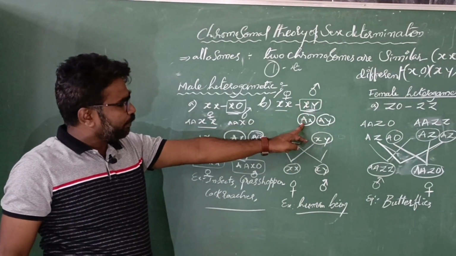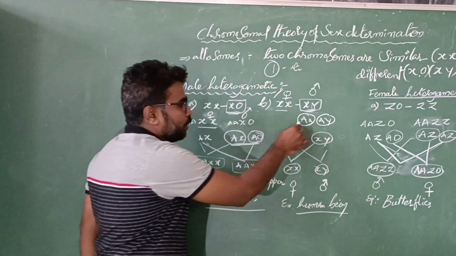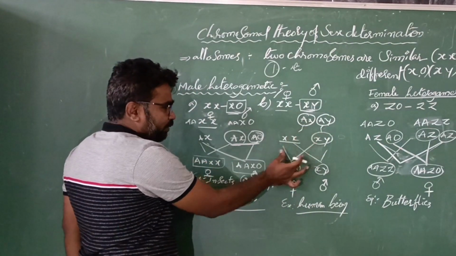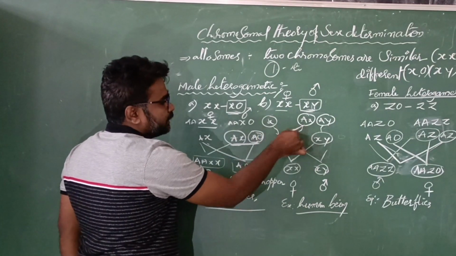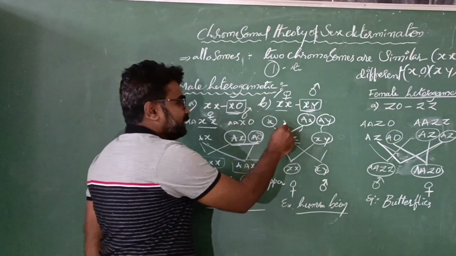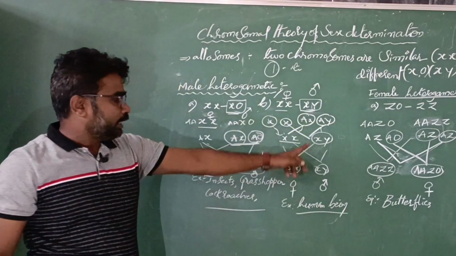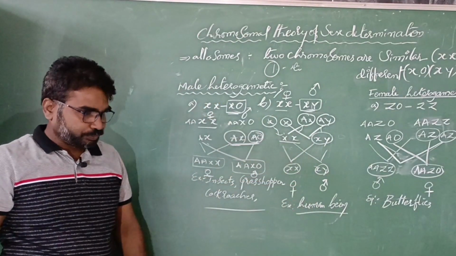The male can produce X and Y gametes, that is X sperms and Y sperms. When the X is fused with another X, it is a female individual. If the X is fused with the Y chromosome, that we call XY, that is the male individual.